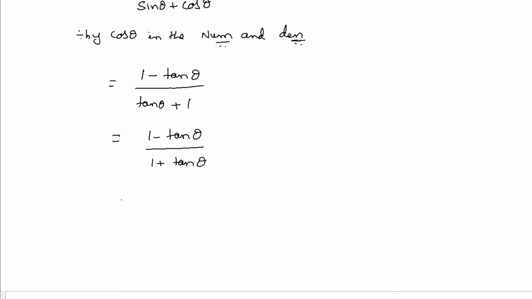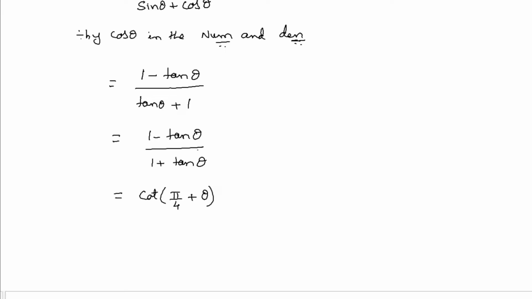So its value is nothing but cot of pi by 4 plus theta. The formula for 1 minus tan theta divided by 1 plus tan theta is nothing but cot of pi by 4 plus theta. A similar result I have shown in my previous video.